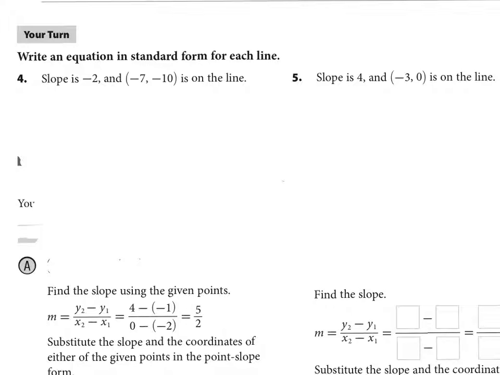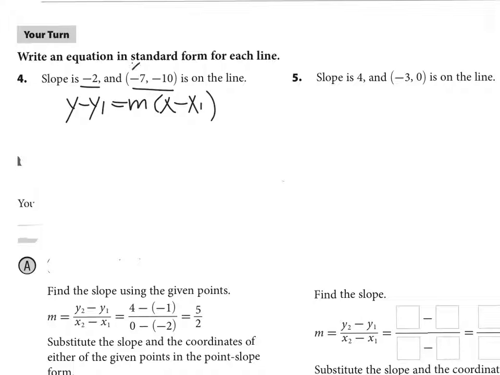So I'm going to do problem 4 here in black, and then I'll do problem 5 in blue to differentiate the two. Alright, so what do we have? We have slope, and then we have a point. So in this case, I'm going to start with point-slope form. This is a good review of the previous module lesson.